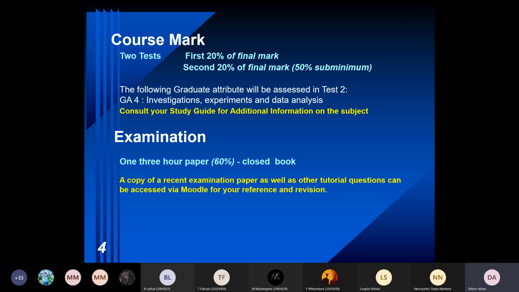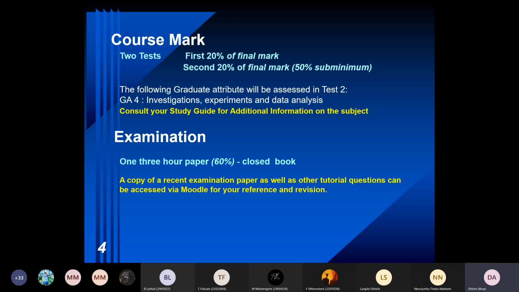You can see the note, the graduate attribute, GA4, which deals with investigation, experiments, data analysis, and that will be assessed in test 2. At the end of your program, you should have satisfied all of ECSA's graduate attributes.